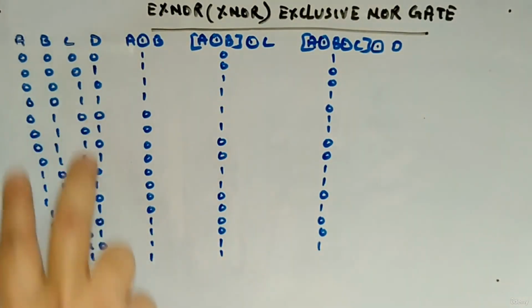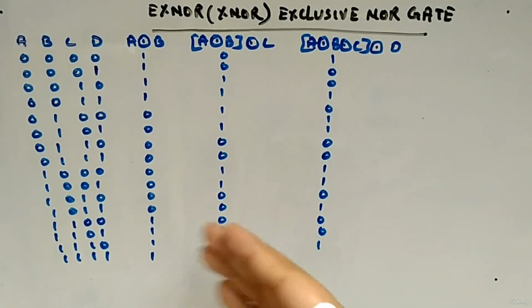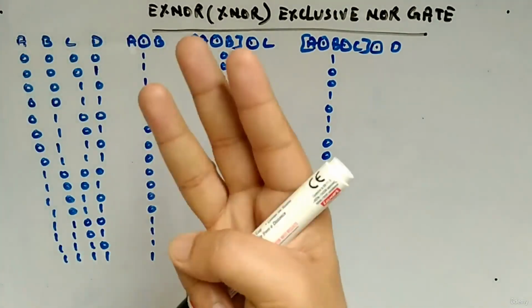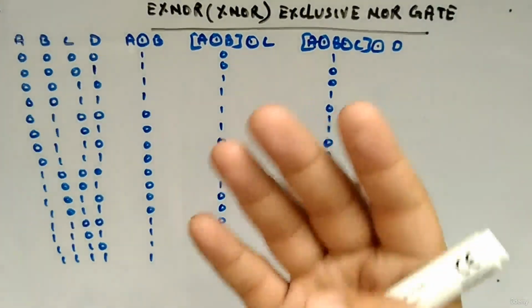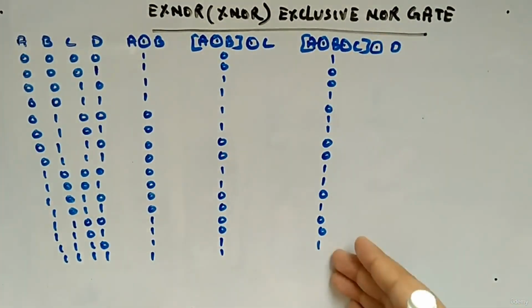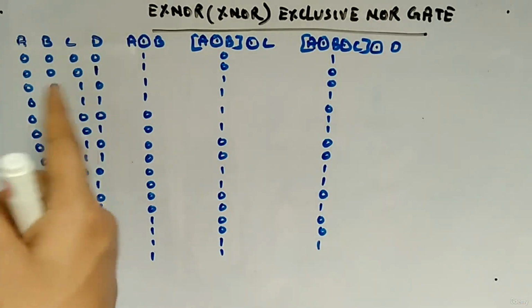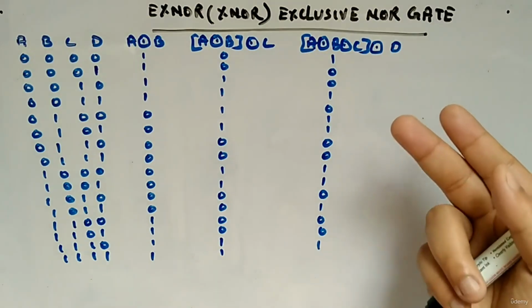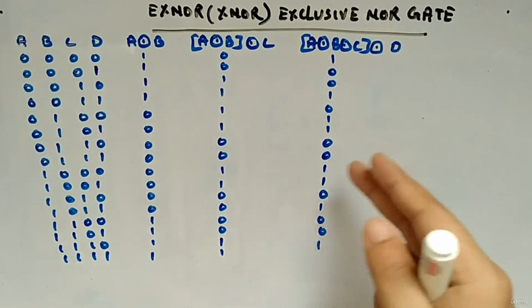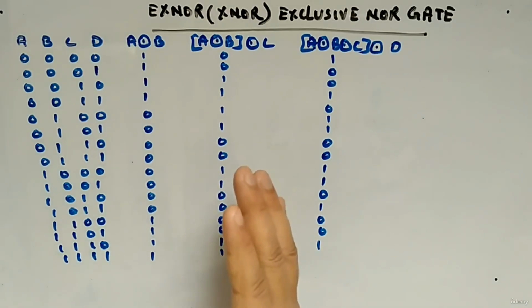If you apply 3 inputs A, B, C, it will become an odd number of ones detector because 3 is odd. If you apply 4 inputs, that is even, it will again become an even number of ones detector. If there is an even number of ones in the inputs, then the output will be 1. If not, then the output will be 0. So that is what I want to conclude.